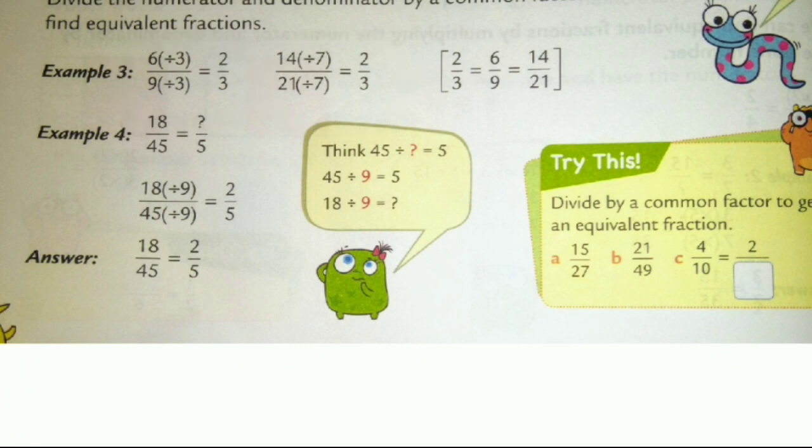We know that we multiply this 4 by 9, we get 45. So when we go this side, it means multiply. This number we want, so we can divide. 45 divided by 9, we get 5. The same thing we will do here. 18 divided by 9, we get 2.